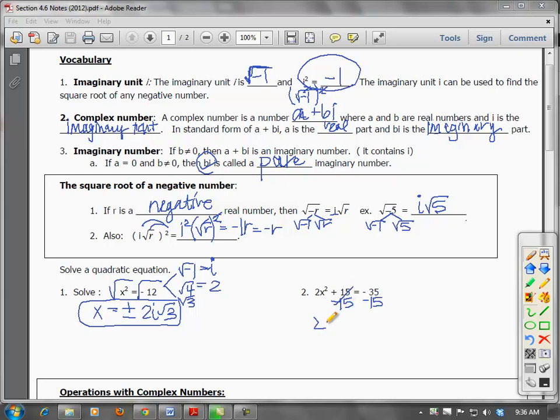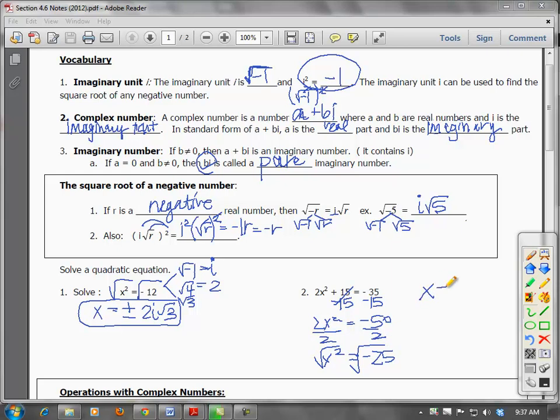So 2x squared equals -50. When I divide by 2, x squared equals negative 25. And I square root both sides.